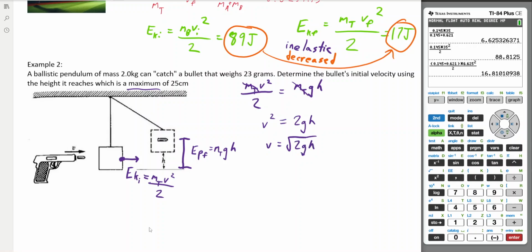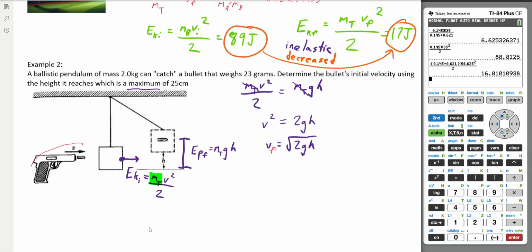So this is the velocity of the pendulum with the mass total, right? So it's the velocity of the pendulum and bullet together. That is what we're finding right now. So that's using energy to get there. But let's consider this as VF. Why VF?